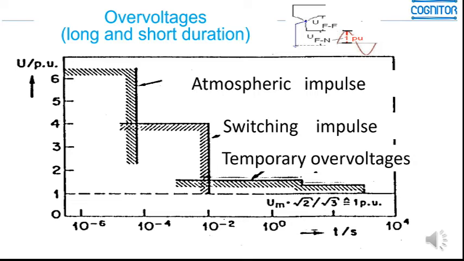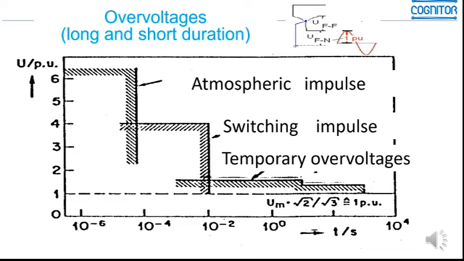Then for atmospheric impulses, which we see in the left side of the figure, we have durations around some microseconds, in the order of magnitude of 50 microseconds, more or less. And the magnitude of these voltages is 6 times higher than the value 1 that I showed in the upper right side of the figure.